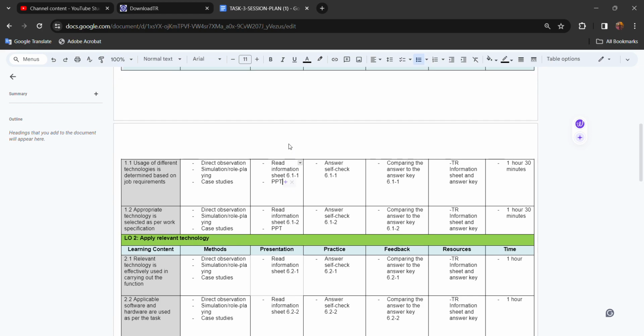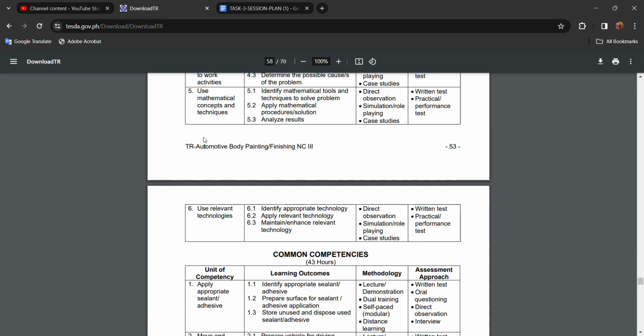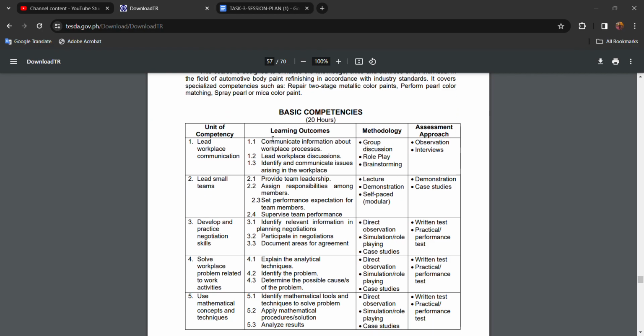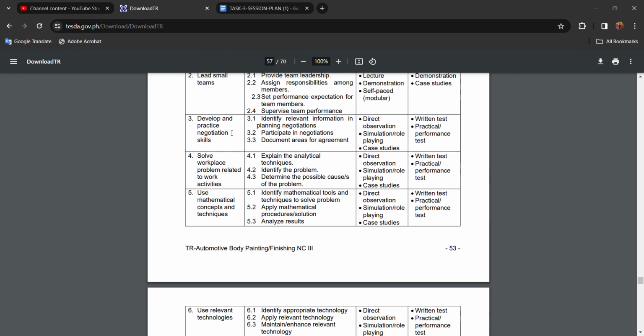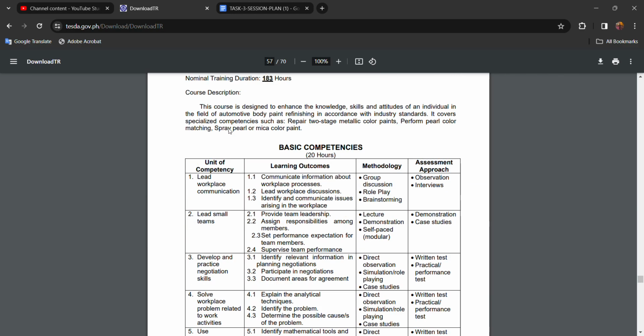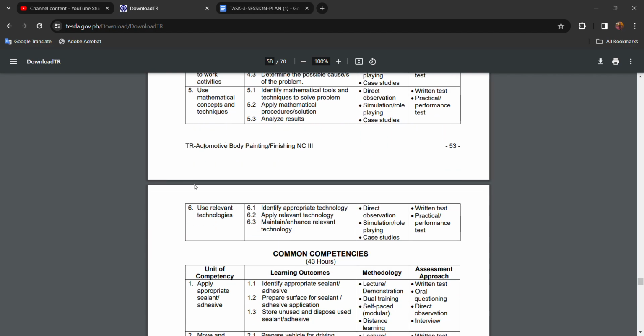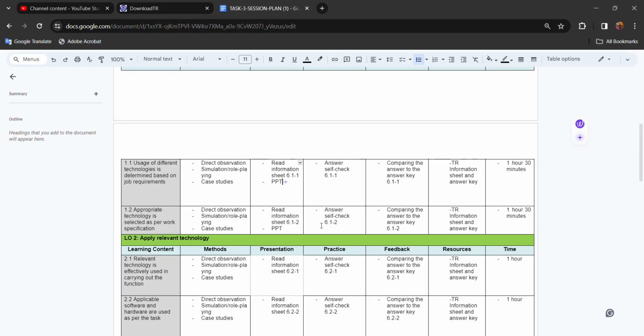Then I got the coding. The first digit was from the competency, which is basic competency. My competency was basic competency, so there were 6 units of competency. My part was the last one, which is use relevant technology, so I used number 6 in the first digit.